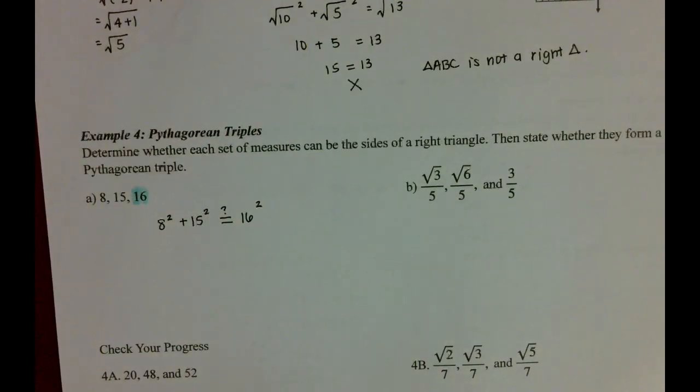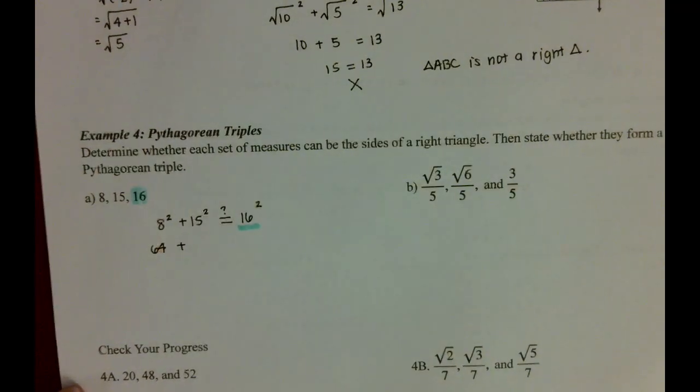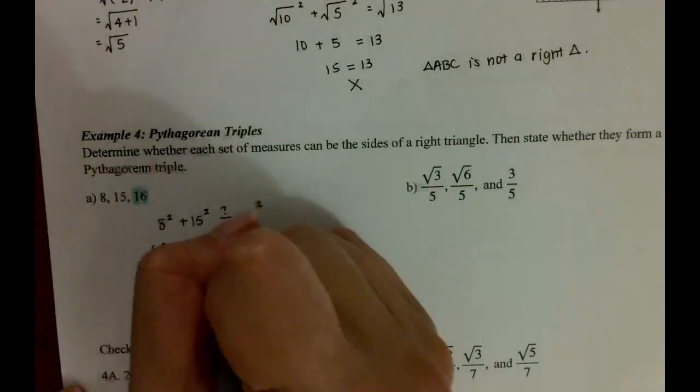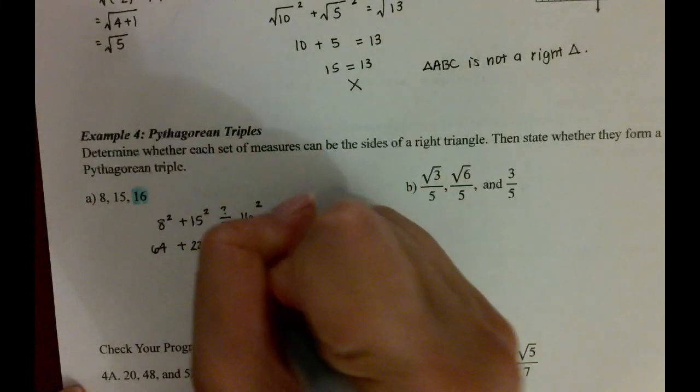Okay, so again, the biggest number has to be in the position of C because the hypotenuse is the longest side of a triangle. Okay, so 8 squared is 64. 15 squared is 225. And 16 squared is 256.